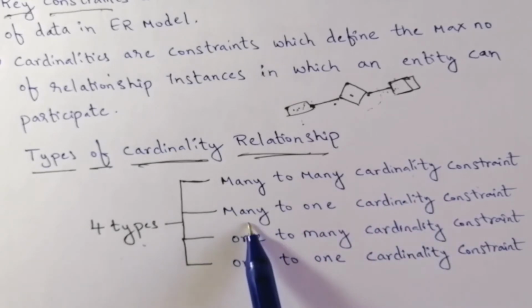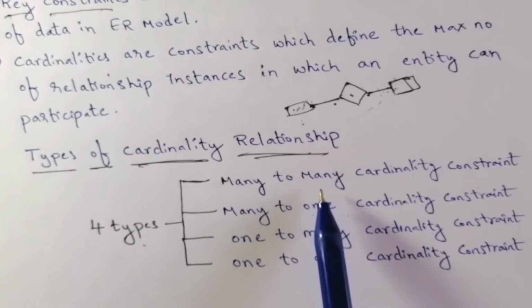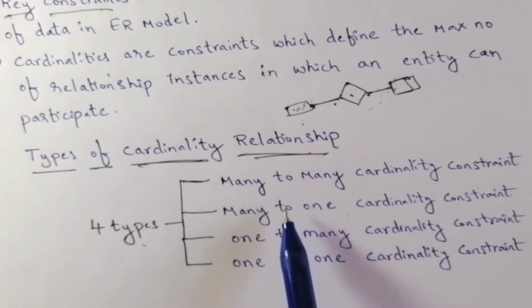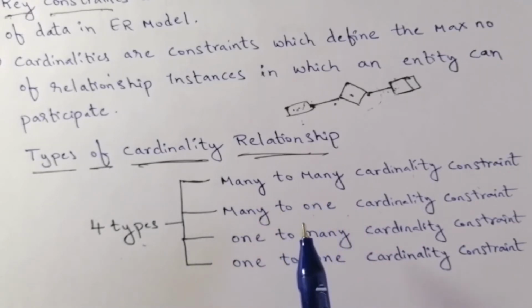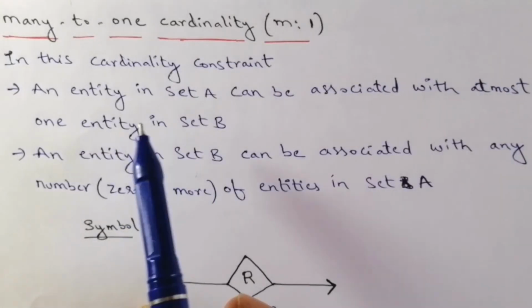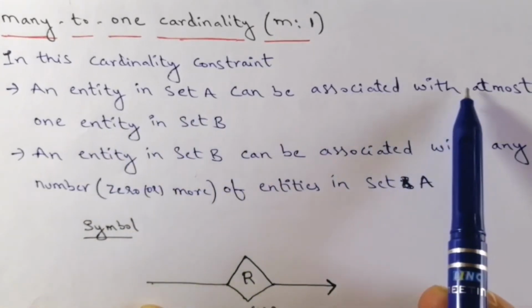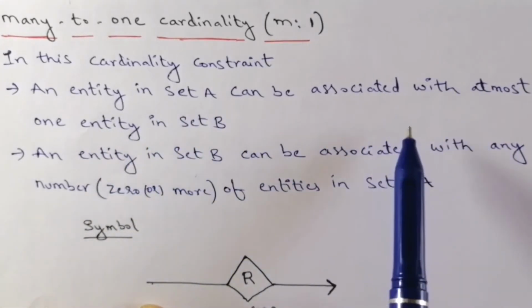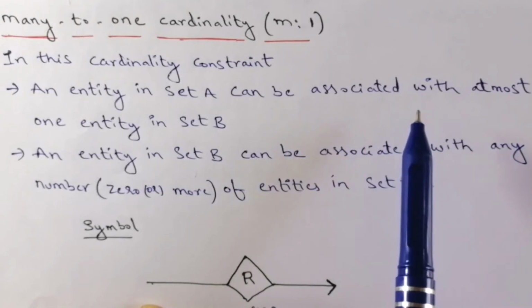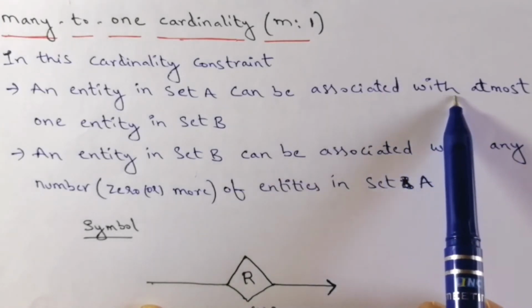Let us discuss the many to one cardinality. By this you will get some clarity. If you observe the difference between many to many and many to one, you will get very good clarity. In the many to one cardinality, an entity in set A can be associated with at most one entity in set B. See here, in the previous case, in many to many, it could be associated with many entities.